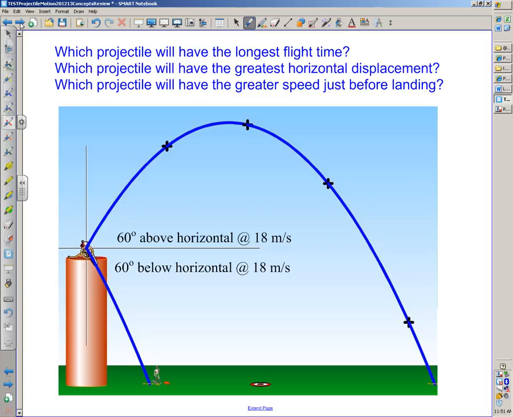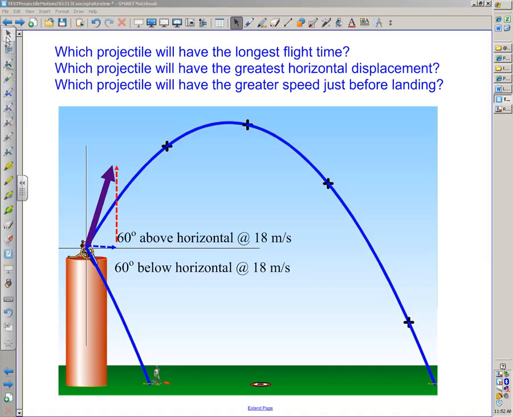Okay, another call. Alright, so this question is very similar to the question on the quiz from Friday, where we have this object being launched like this, 60 degrees above the horizontal. And it's got a horizontal component and a vertical component. There they are, okay?